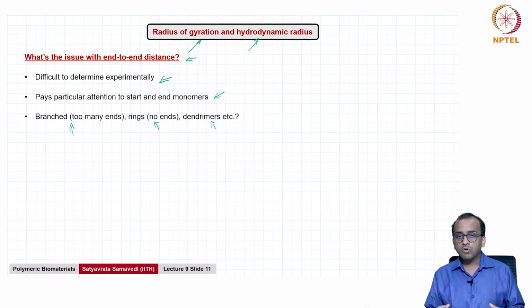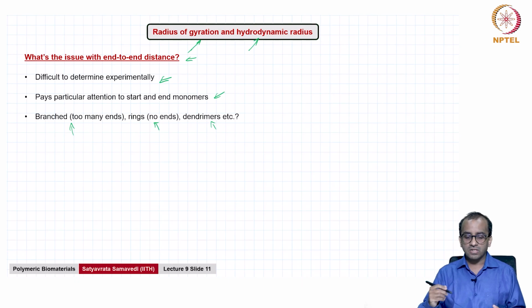So, we now have to come up with other structural features that can help us define the size of a macromolecule in 3D without specific constraints of it has to be linear, it shouldn't have branches, etc. And that is where these two radii help us. One is the radius of gyration, the other is the hydrodynamic radius.